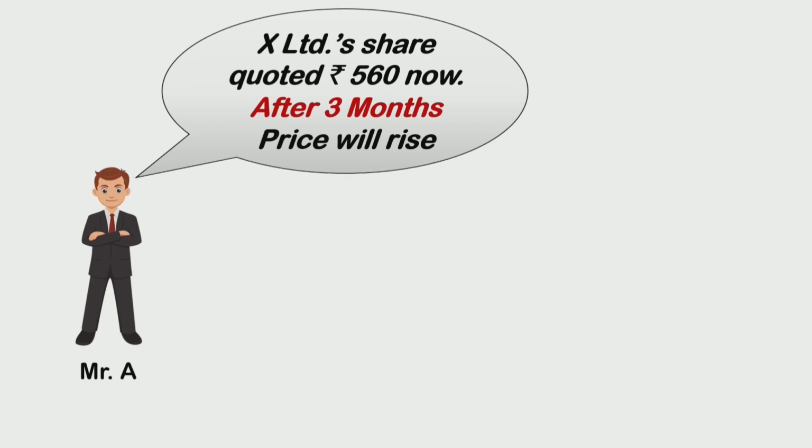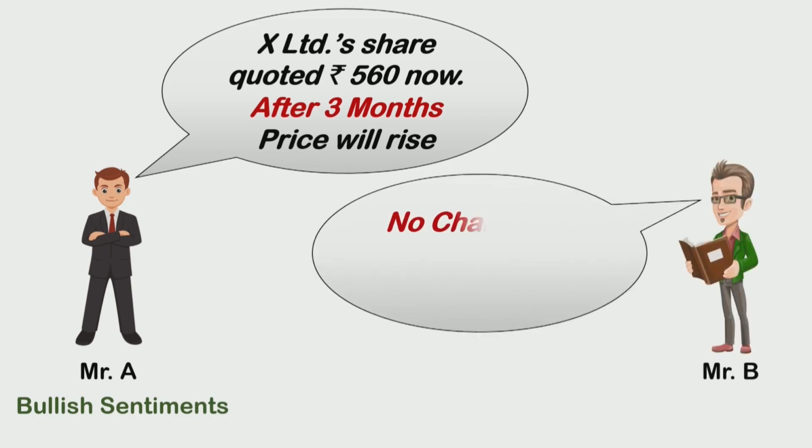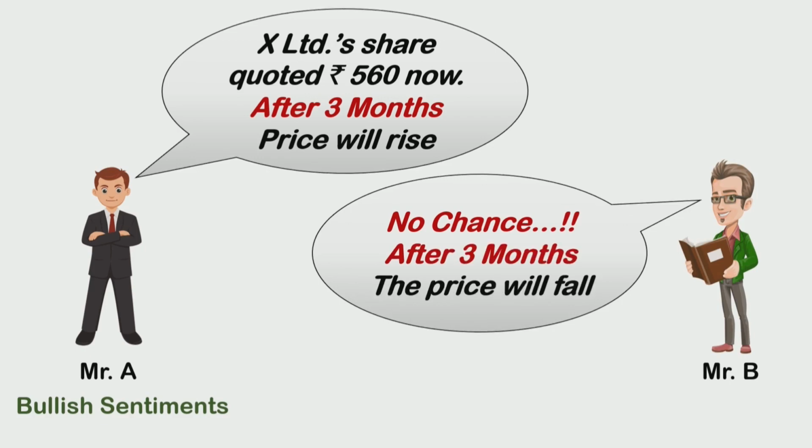We would say in financial terms that Mr. A has bullish sentiments. Similarly, the other party, Mr. B, says no chance, after 3 months the price will fall. So Mr. B has bearish sentiments.